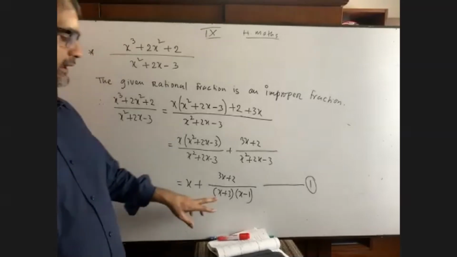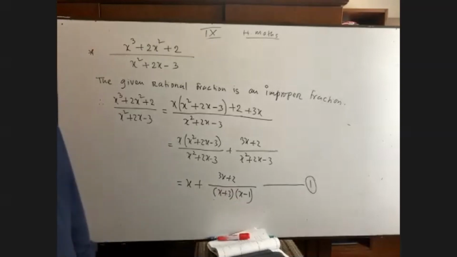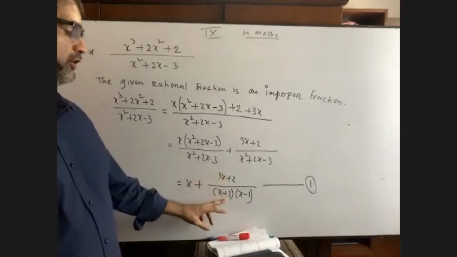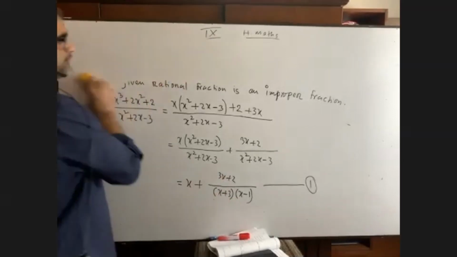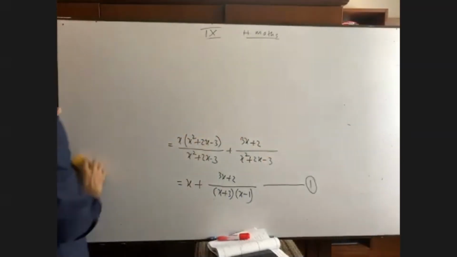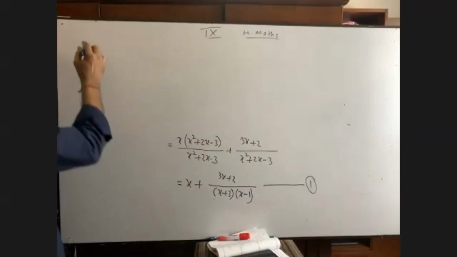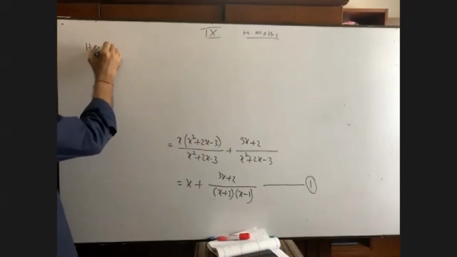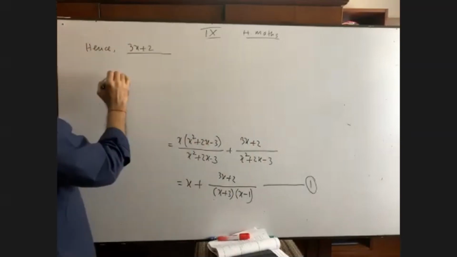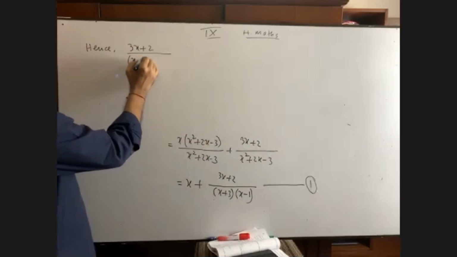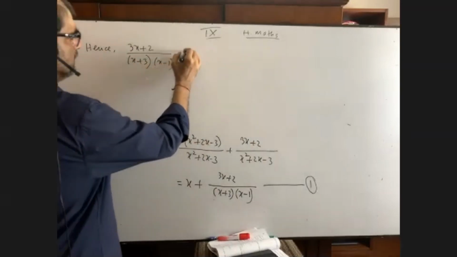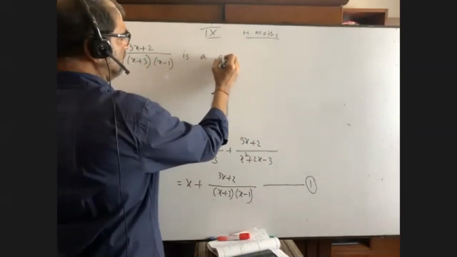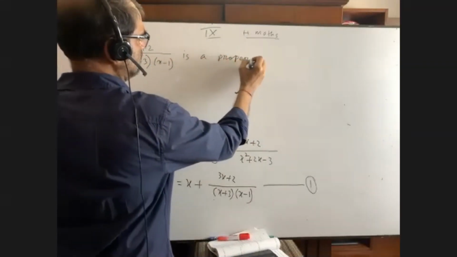Now you see here x square power is 2. Here power is 1. So it is a proper fraction. Hence, you have to write down, hence 3x plus 2 by x plus 3 into x minus 1 is a proper fraction.